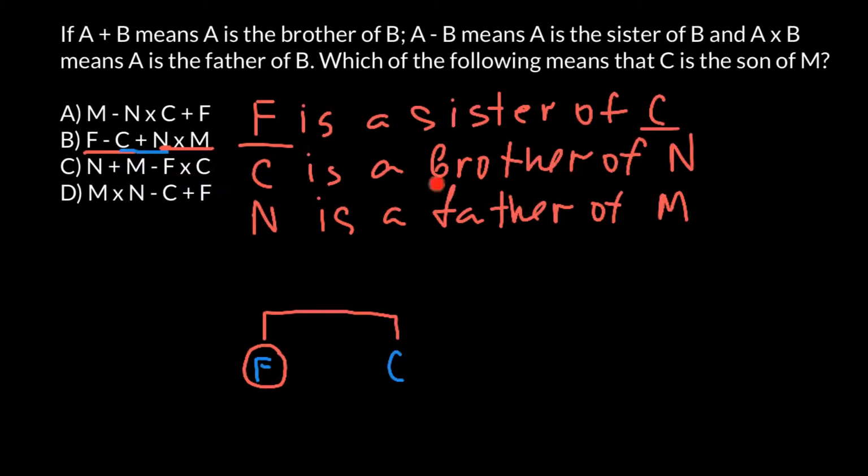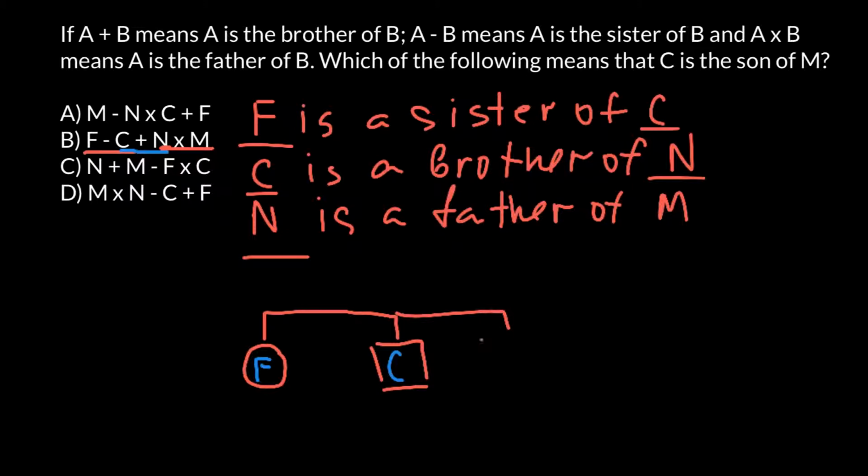C is a brother of N. So let's put a box around C, because he is a brother. Let's put another sibling here.